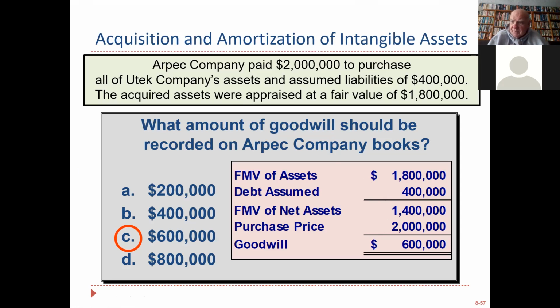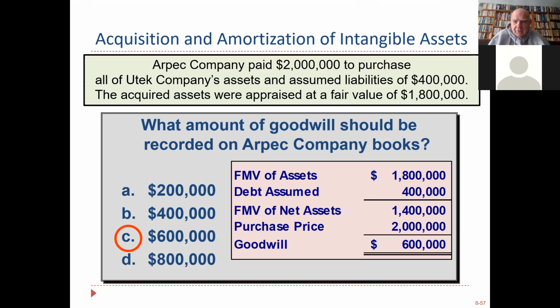Well, there could be a lot of reasons. You know, these two companies, perhaps they're competitors. And RPEC has been saying, man, if we can get a hold of UTEC's customer base, we can really pick up our sales here. We could really make the $600,000 goodwill very worth it.